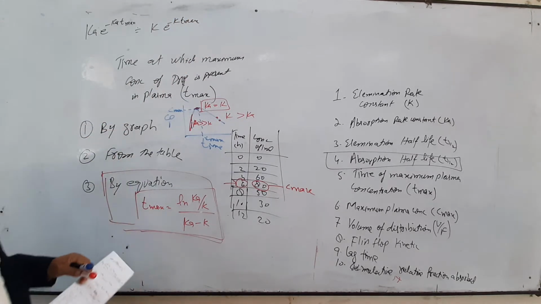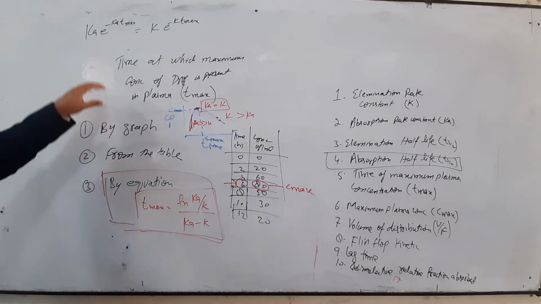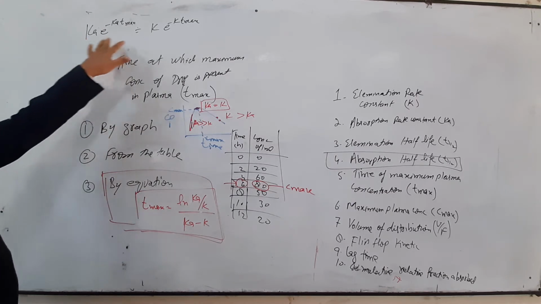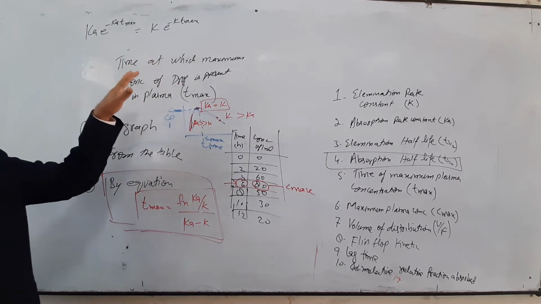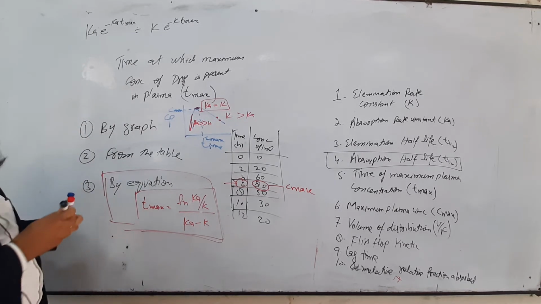I have started from this because we are assuming that we have the same rate constants at this point. We will take the natural log of both sides.